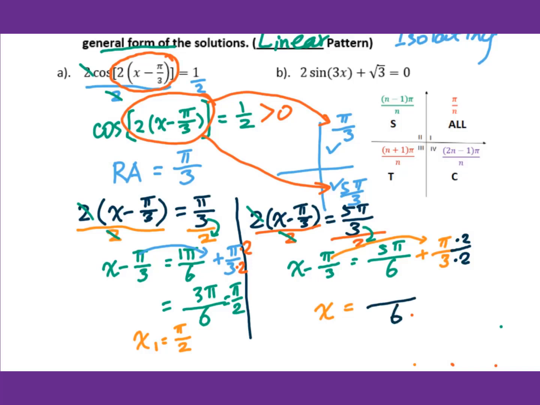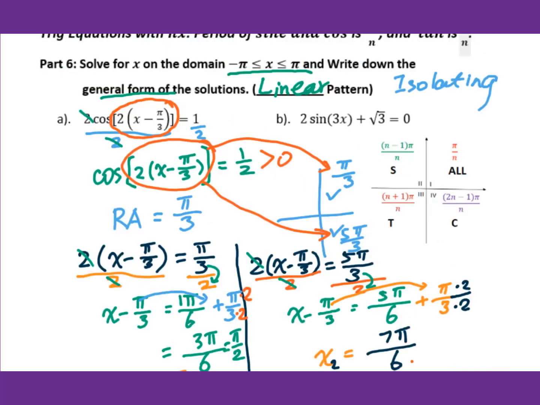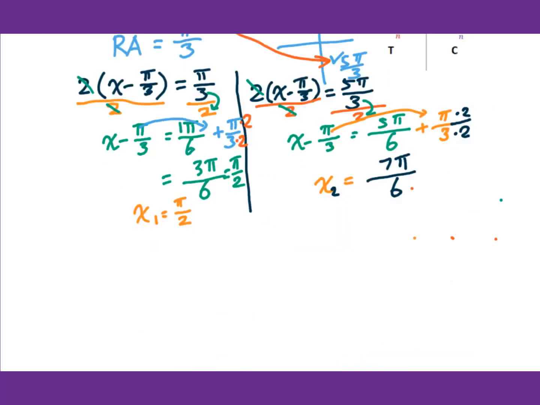You will get denominator 6. So you get 7 pi on the top. This is x2. Since we are looking for solutions between negative pi and pi, we need to figure out the period. Period equals 2 pi over b. b is 2. So you get pi.